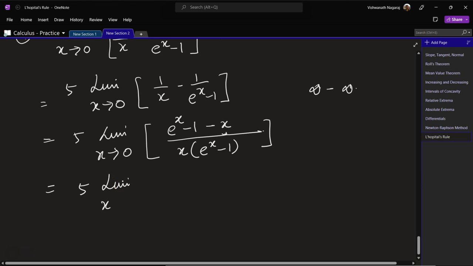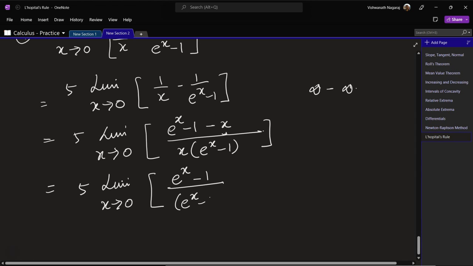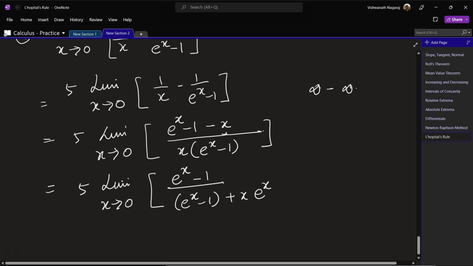Limit as x approaches 0 of the derivative of e to the power of x is e to the power of x, minus 1 is 0, minus x is minus 1, divided by, now we have to differentiate the denominator. And here we have to apply the chain rule for the denominator. So derivative of x is 1, and this part remains as it is, plus x times the derivative of e to the power of x minus 1. That will be e to the power of x.